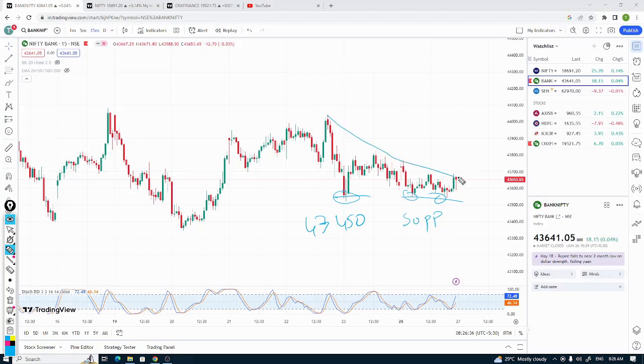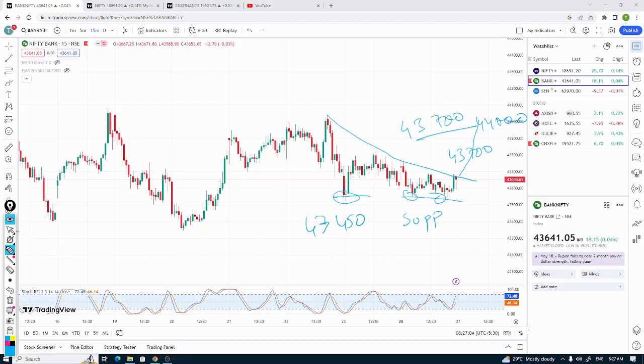And there is a trend line in the Bank Nifty around 43,700. If at all the market has opened beyond this trend line, 43,660 area, then at 43,700 we can take CE positions till we can trail 44,000 respectively.